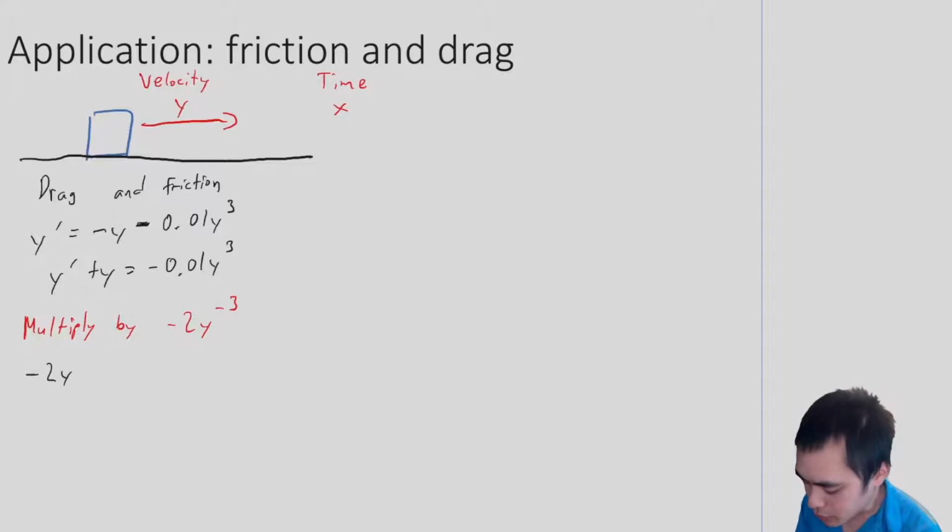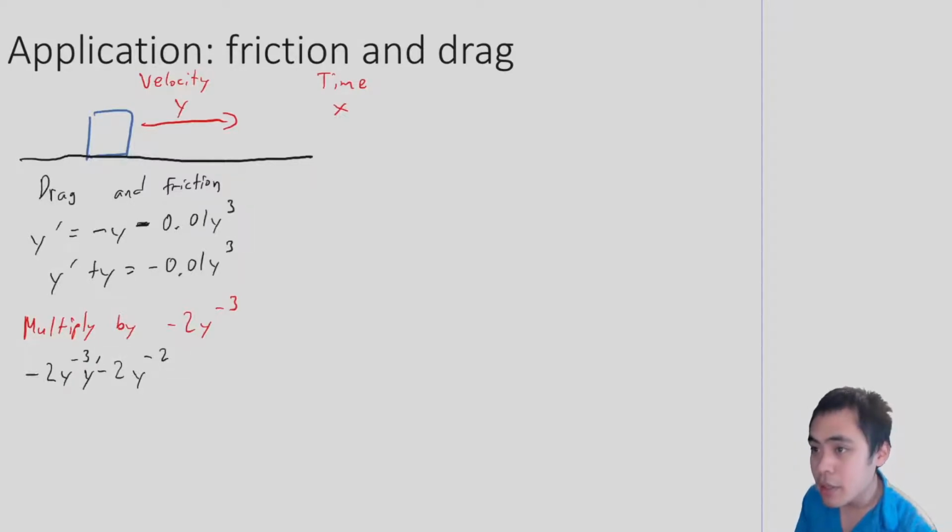Okay, well let's work it out. I think I did my notes wrong, so hopefully this will all still work out. To the minus 3, and we have minus 2. Minus 2y to the minus 2 is going to be, oh, there's also y prime here, which I forgot. And that's going to be equal to 0.02.